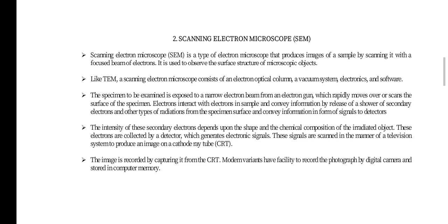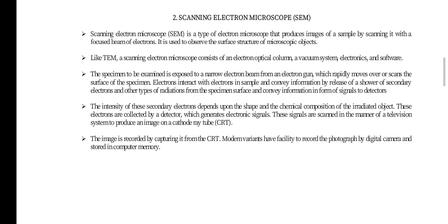These signals are scanned in the manner of a television system to produce an image on a cathode ray tube, and the image is recorded by capturing it from the cathode ray tube. Modern variants have facility to record the photograph by digital camera and store it in computer memory.